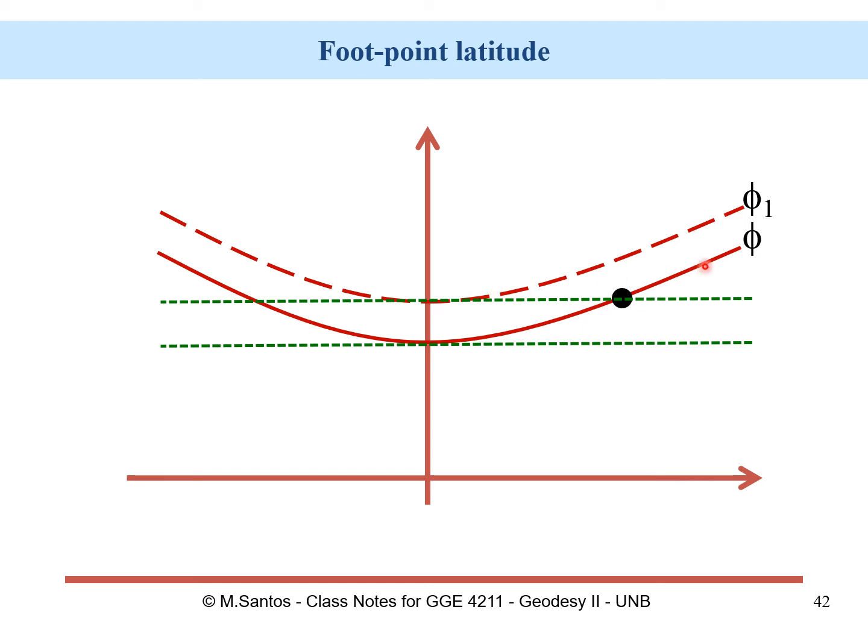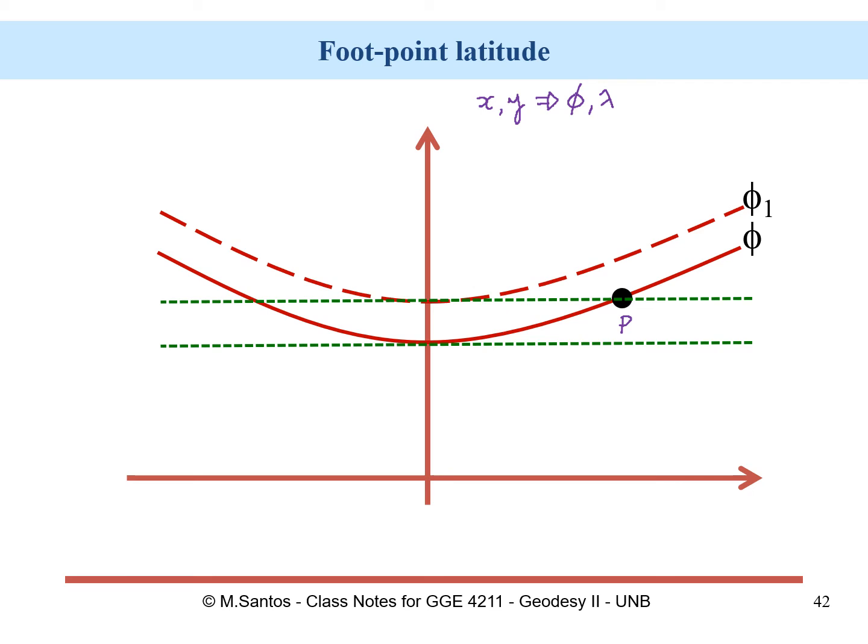So, what is this foot point latitude? Let's realize that the situation we have is we know the grid coordinates. We want to determine the latitude and longitude of this point P. Okay, x p, y p, phi p, lambda p.